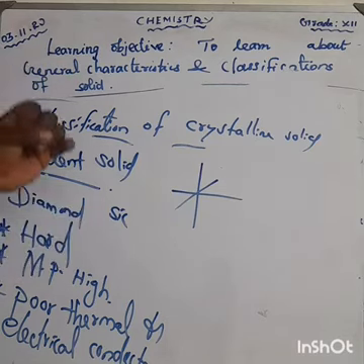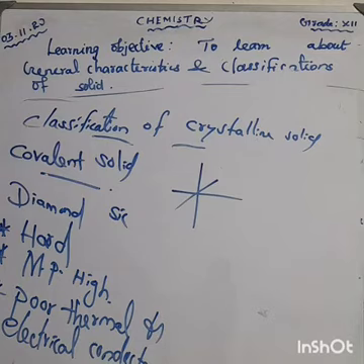What are the characteristics of covalent solid? These covalent crystals are very hard, and they also have high melting point. They are usually poor thermal and electrical conductors. Okay, these are all covalent crystals.